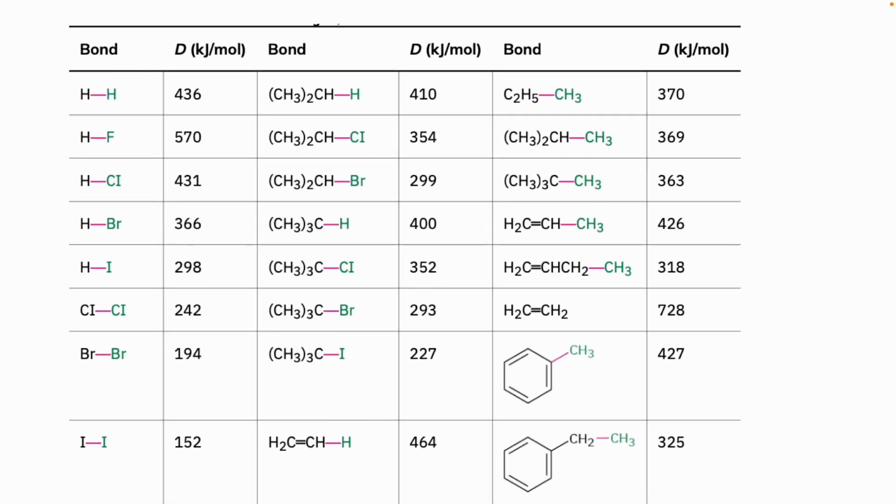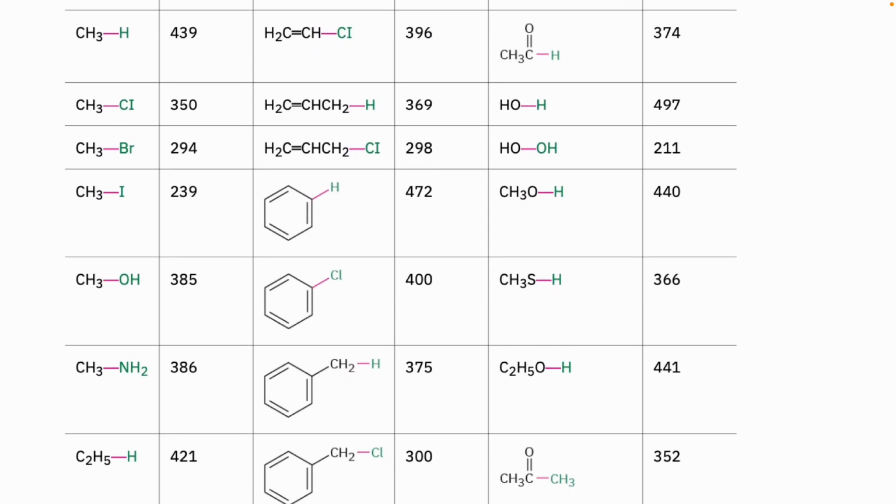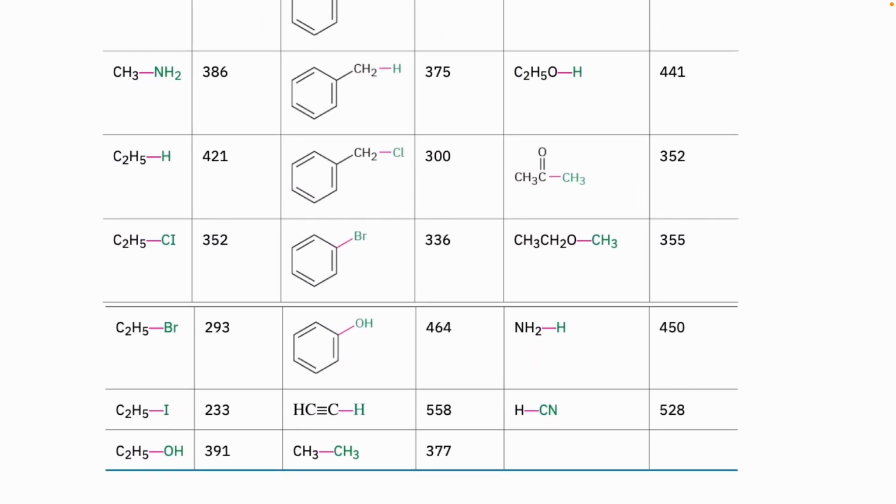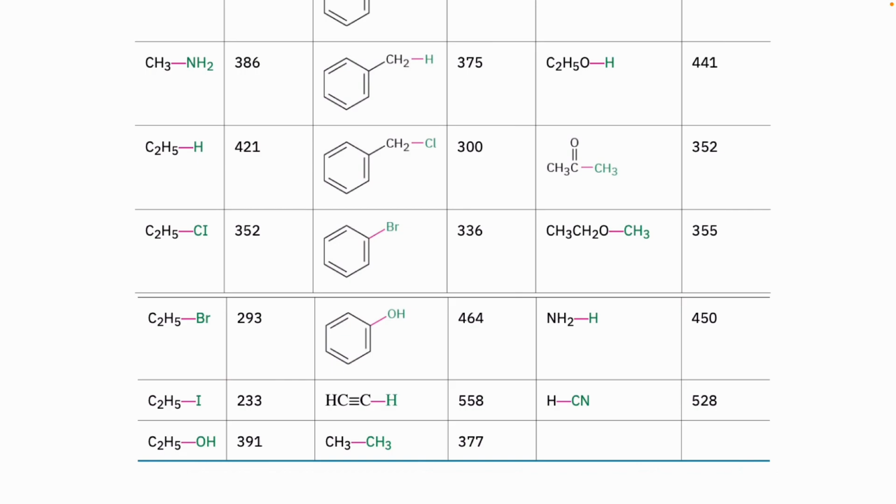Okay, you should be able to take all of your bond broken values from this portion of the chart. Okay, so just take a minute to find those and take note. All right, and then you should be able to get your bond formation values, the new bonds that are being formed, from this portion of the chart.